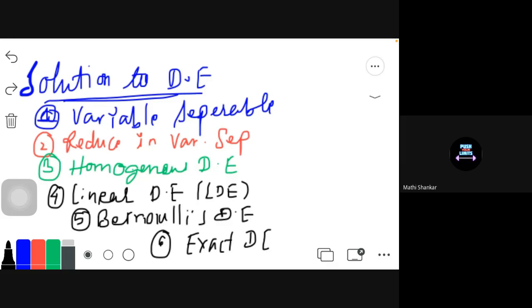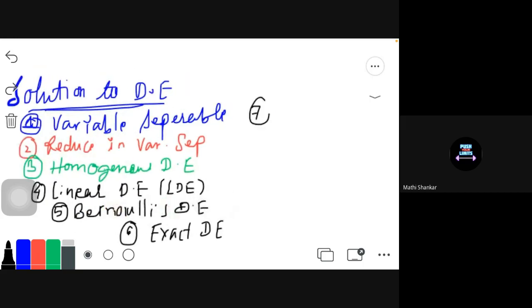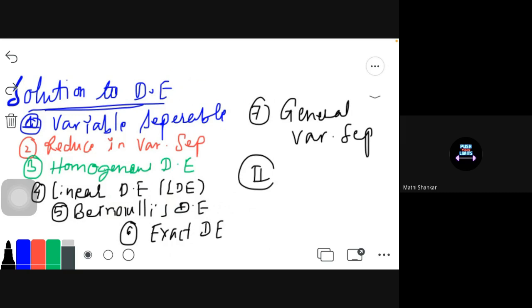Then the next type of numericals will be general variable separable type. And then finally we will study applications of differential equation.